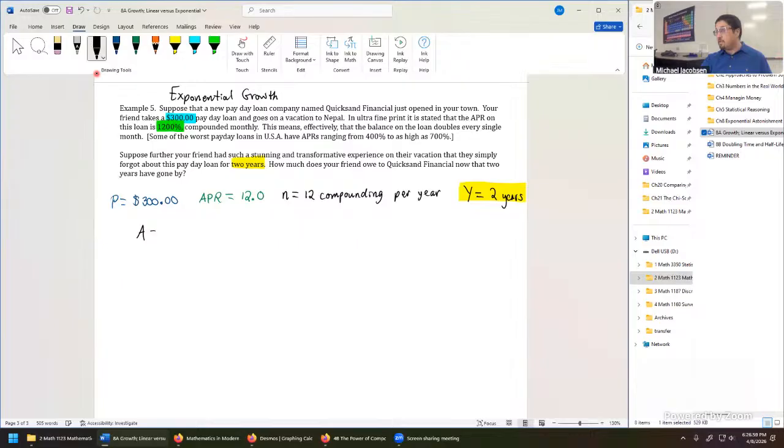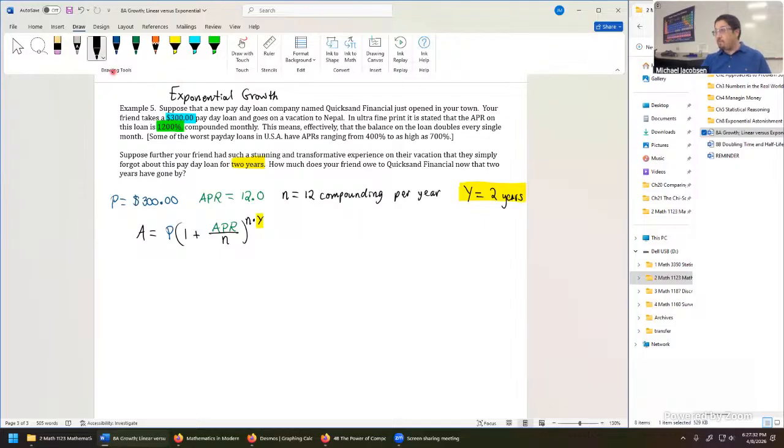The amount owed is going to be the principal amount multiplied by 1 plus the APR divided by 12 raised to the power of 12 times the term length. Actually, I was trying to write that down as a formula. Let me backtrack so we can see the formula, and then I'll plug in the values. A equals P times 1 plus APR divided by n, to the power of n times y. Okay, so that's the formula.